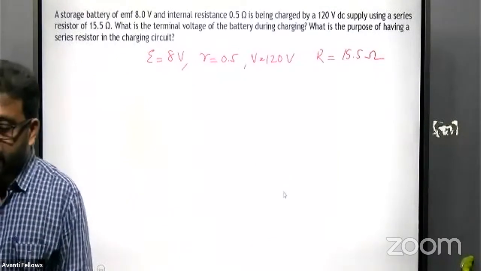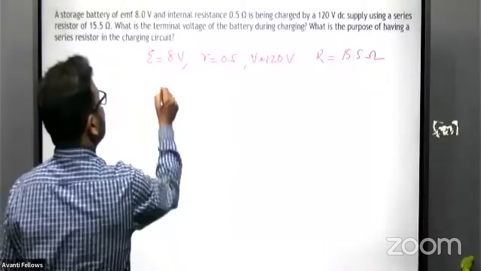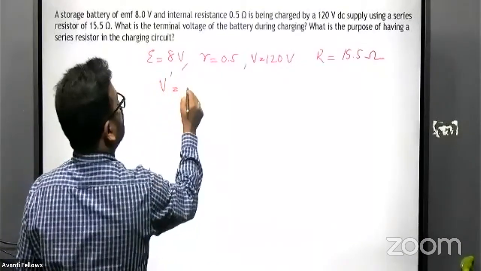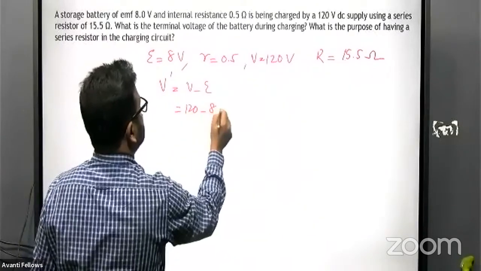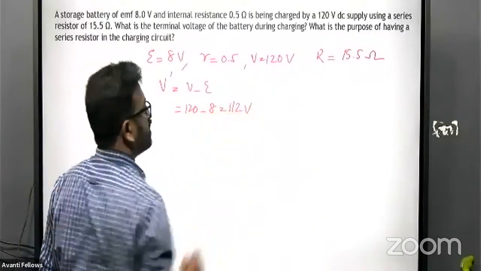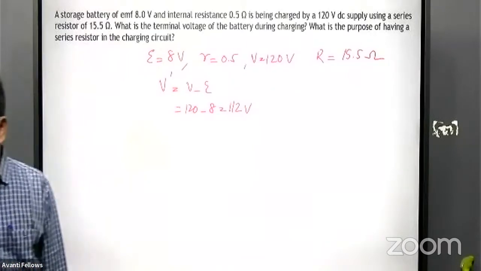Okay, let's see how we can solve it. V dash will be equal to V minus E, that is 120 minus 8. It is 112 volt.